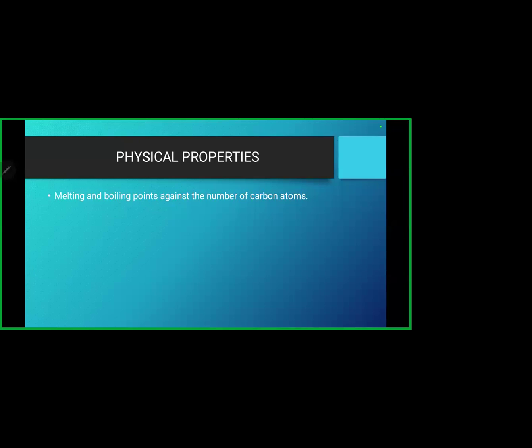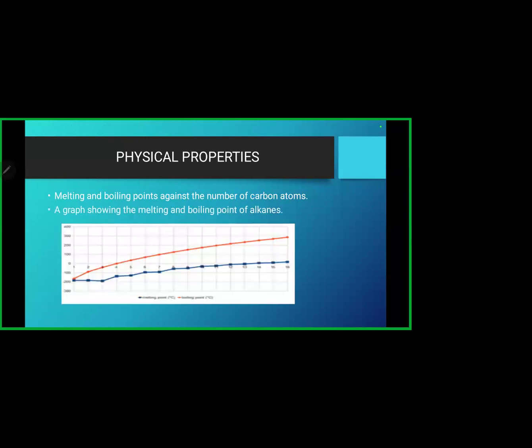So the physical properties, we had mentioned boiling and melting point, and we had seen this graph. And someone had commented that the graph is not so clear, but I had told us that the orange was representing the boiling point, while the blue was representing the melting point.